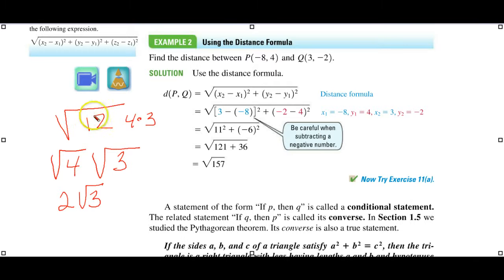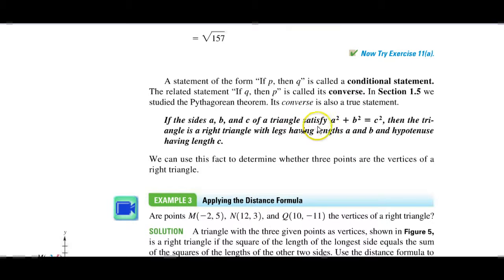Where the square root of 12 would be an answer, they may want it in this form, and that's the process of getting it to that form. They're also showing how the Pythagorean theory fits into this, where you have side A, that's squared, plus side B, that's squared, equals side C, that's squared. And this is just a modification of it.